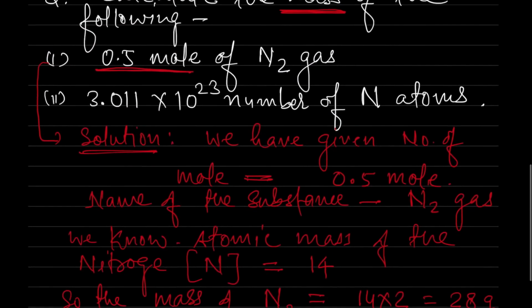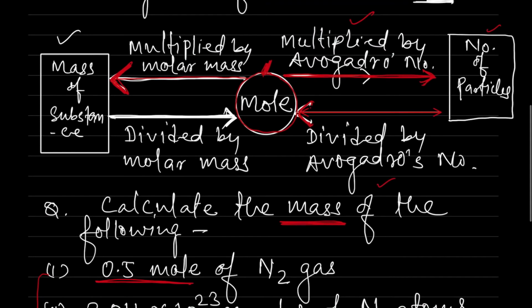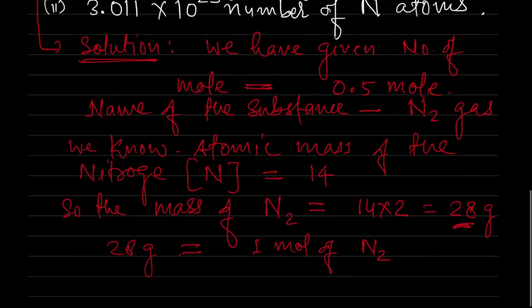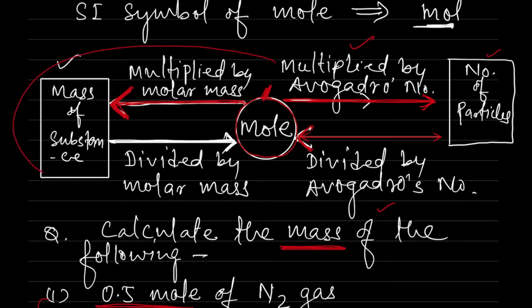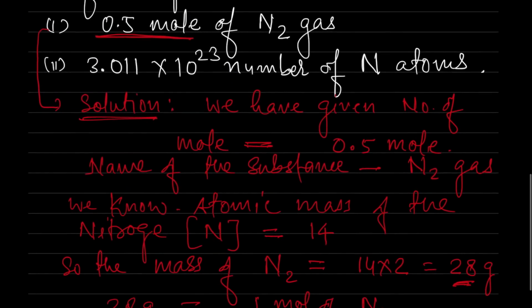Now with this relationship we have to find the mass of the 0.5 mole of nitrogen. See, we have to multiply this given mole to molar mass, then we can find out the value of mass of the substance. See, this is the relationship, we have to convert mole into mass of the substance.